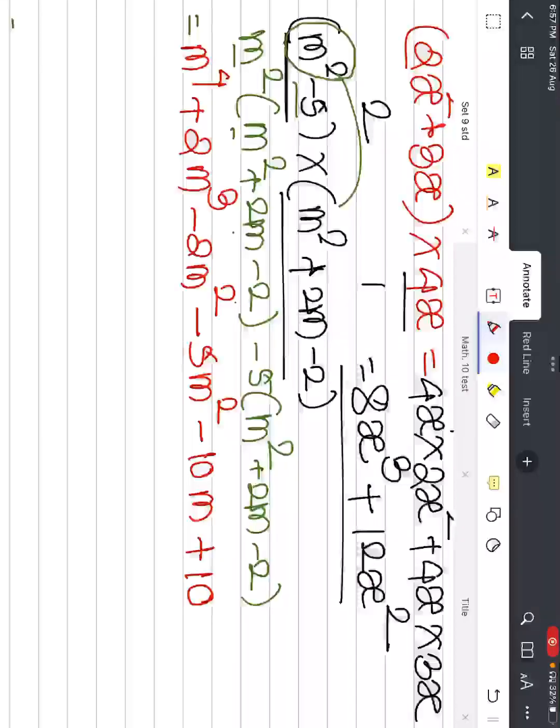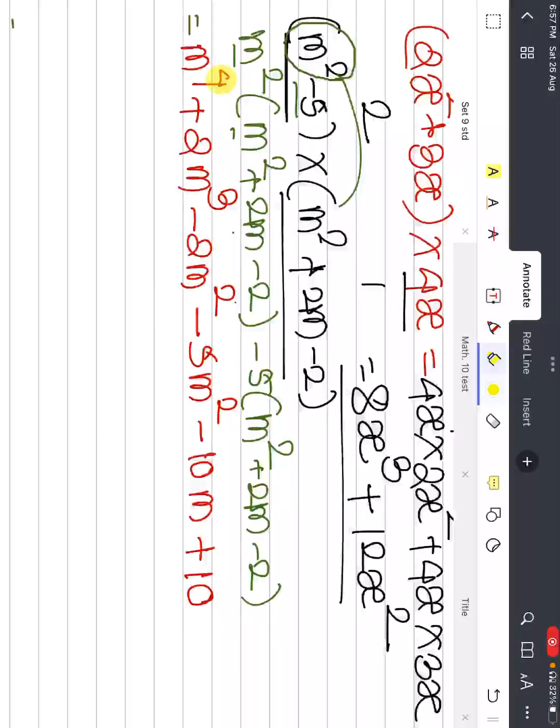Now just do one thing: whatever the common terms are there, take them common, and keep the remaining as they are. As per the formula, like terms add with like terms. So m raised to 4, we have only one.